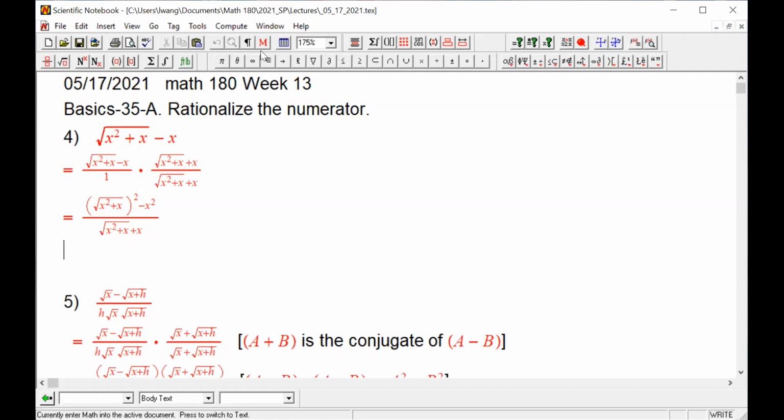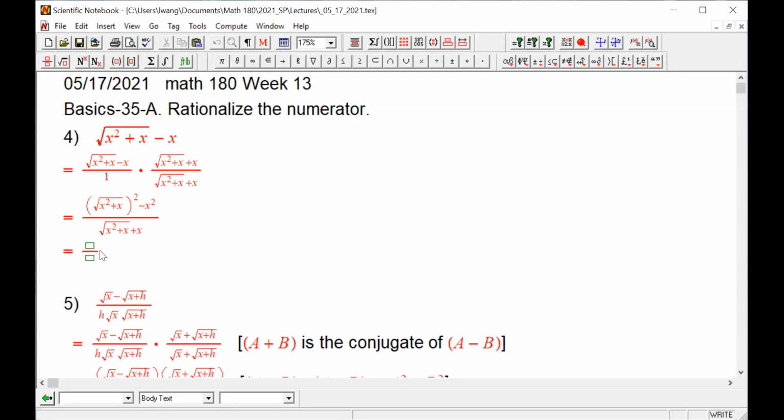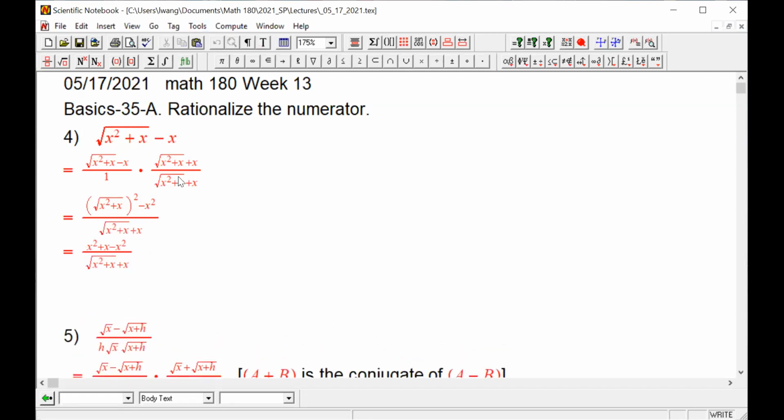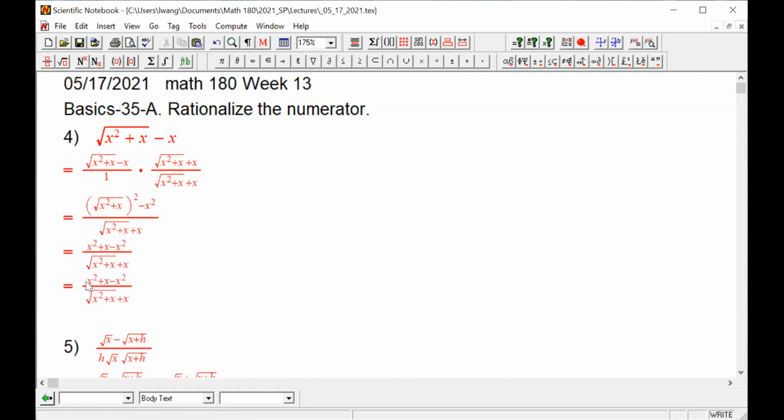And then you apply, so the top is going to be x squared plus x minus x squared. Denominator, like that. Equals to, now, this time, x squared minus x squared, that's going to make 0.